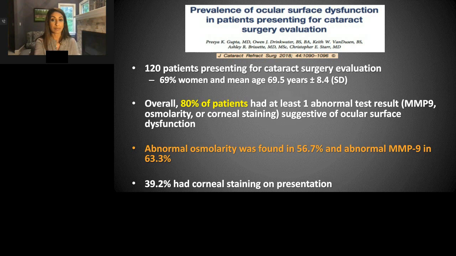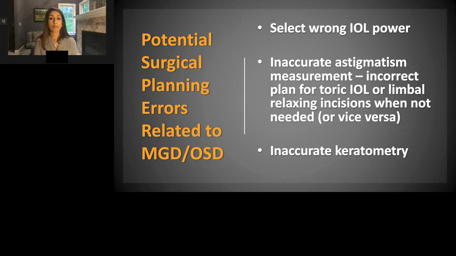We talked a little bit about potential errors as it relates to ocular surface disease, but one that I really want to emphasize here is management of astigmatism. Topography and biometry are very sensitive to dry eye and ocular surface disease, and can lead to erroneous measurements of the magnitude and axis of astigmatism at the time of cataract surgery.